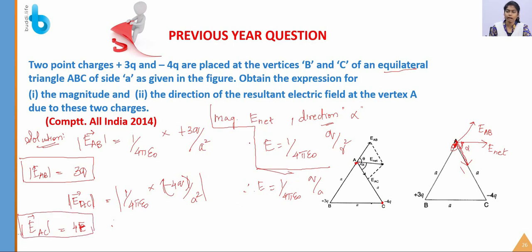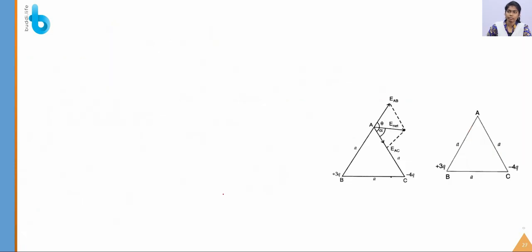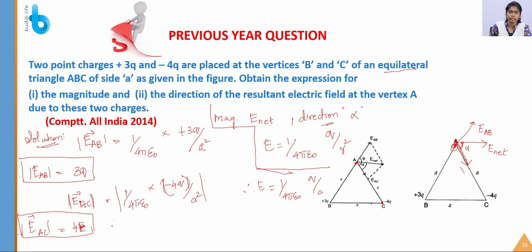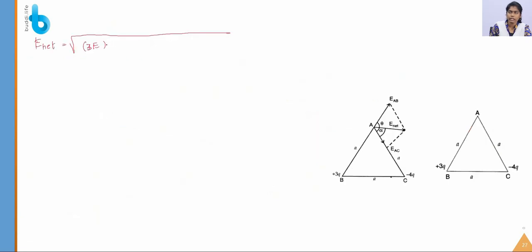Okay students, let's have the E net. Net electric field is calculated by taking a square root of 3E, which is EAB, 3E square plus 4E square plus 2 into 3E into 4E cos theta.